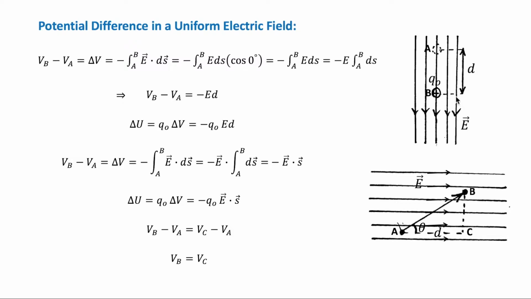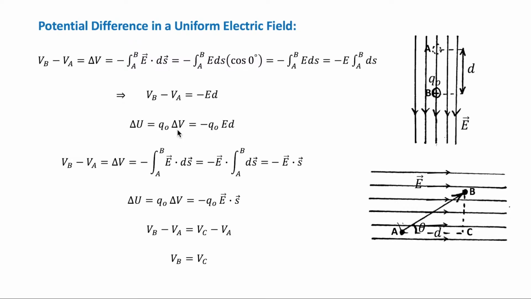And since the work W is equal to minus delta U, it follows that the field does positive work on a positive test charge when the charge moves in the direction of the electric field, okay?